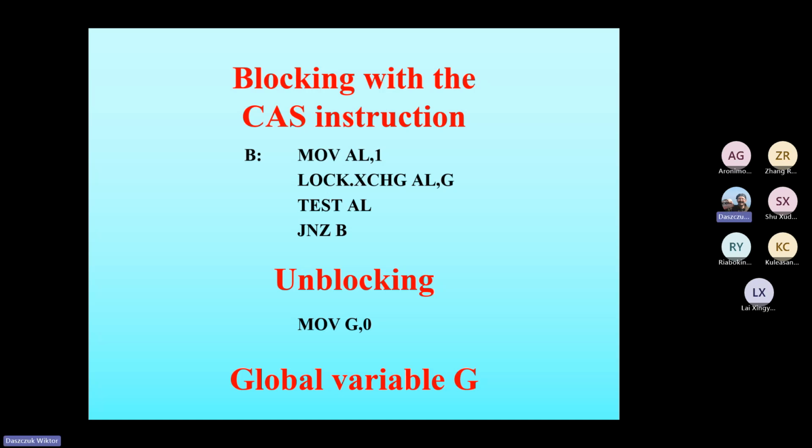When I stored this one to the global variable G, I got to AL the previous value of G. If it was 0, okay, I continue. If it was not 0, I jump to B and test again.